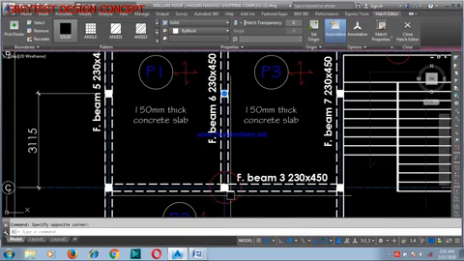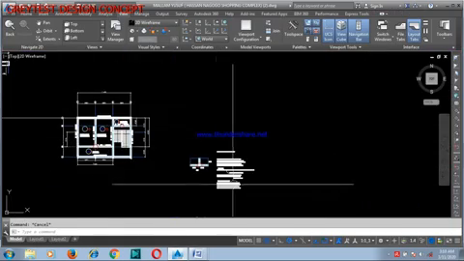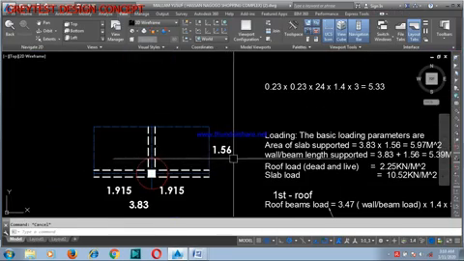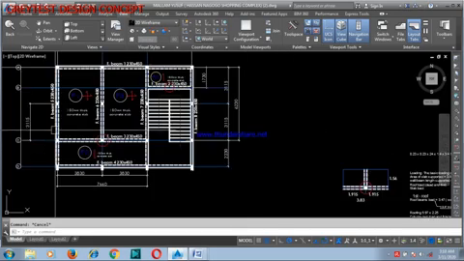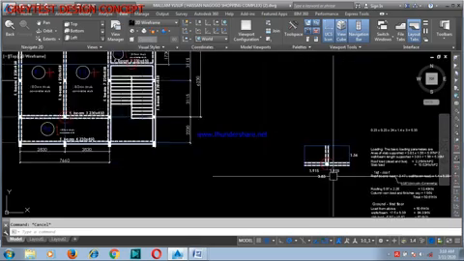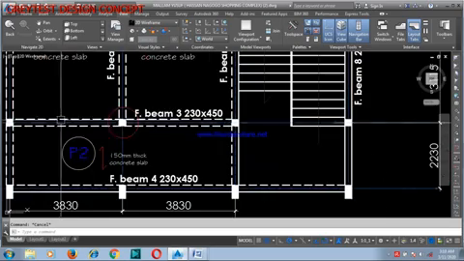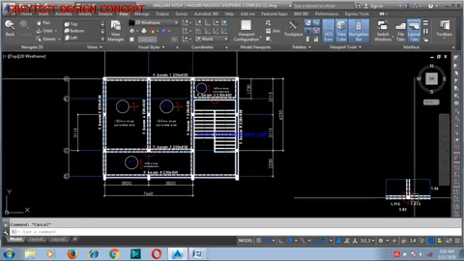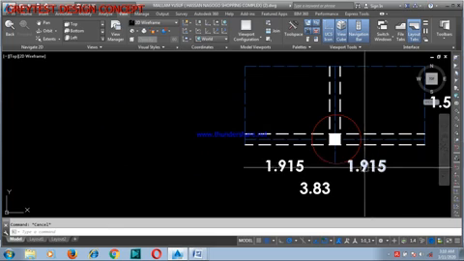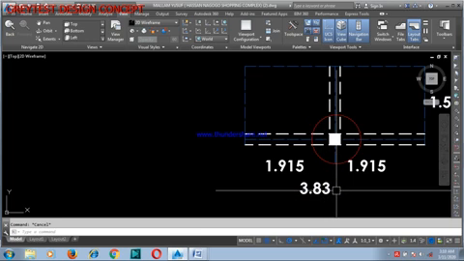Now the span from here to here is 3115. If you take half of this length, it gives you 1.56, I stand to be corrected. If you take half of the other, it gives you 1.915 on both sides. If you sum these two values, it gives you 3.83.